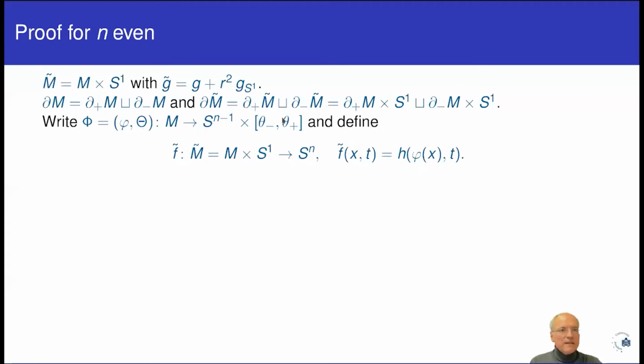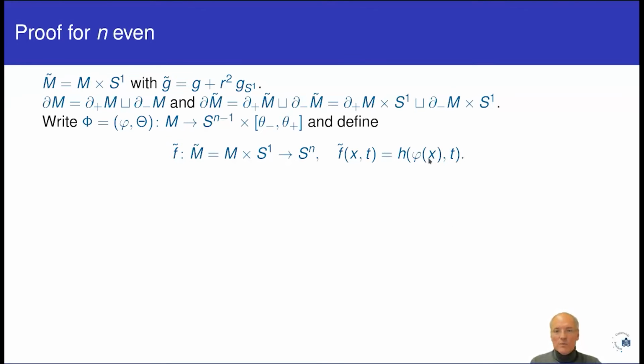And from that we can now define a map F tilde from M tilde to the n sphere as follows. We take this phi part, which maps M to the n minus 1 sphere, and then the part from S1 is inserted into H so that we end up in the n sphere, right?